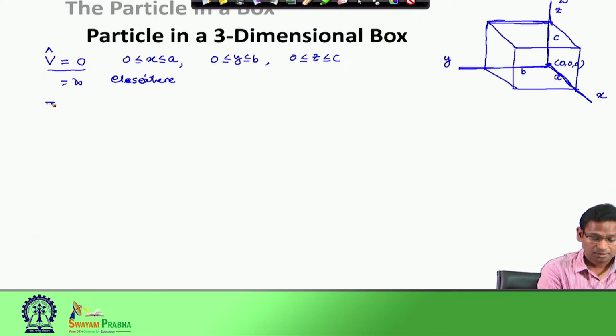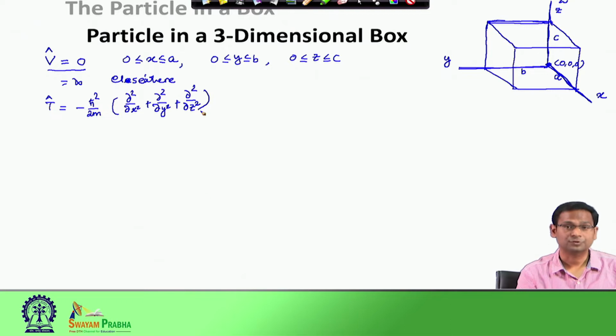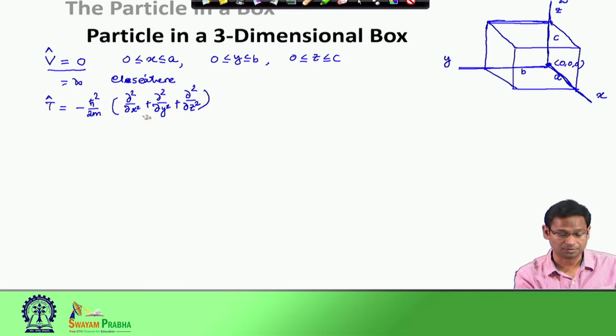What about the kinetic energy operator? The kinetic energy operator we have already seen, h bar square by 2m times the Laplacian. If you see, the kinetic energy operator is now expressed in terms of the second derivatives with respect to x, y, and z.